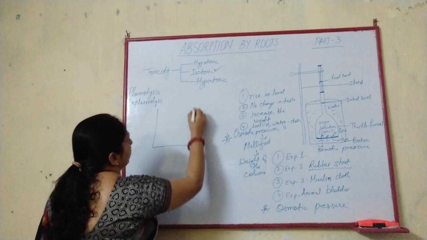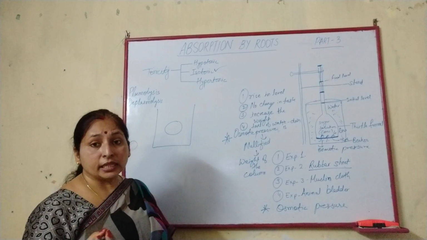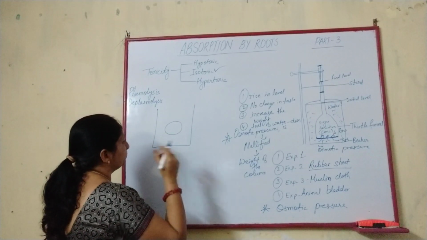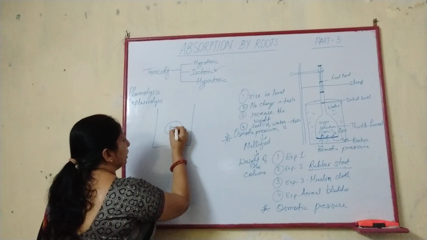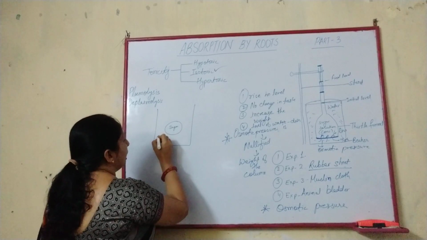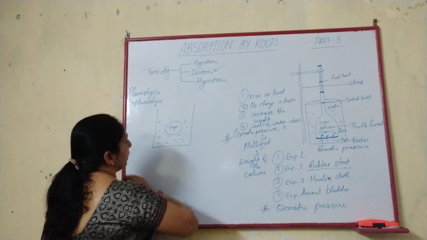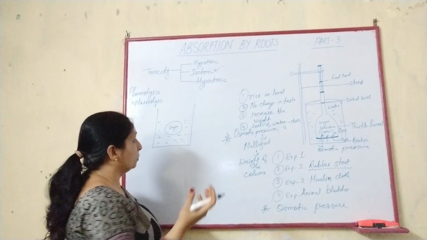In a beaker we have taken a cell, or some raisins, or raisin acting as a cell. Inside the raisin the sugar concentration is very high, and outside we have taken a water solution, simple plain water.